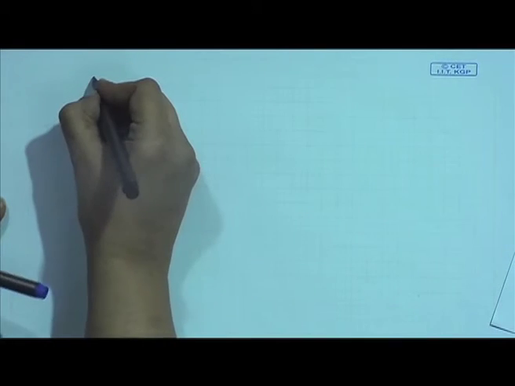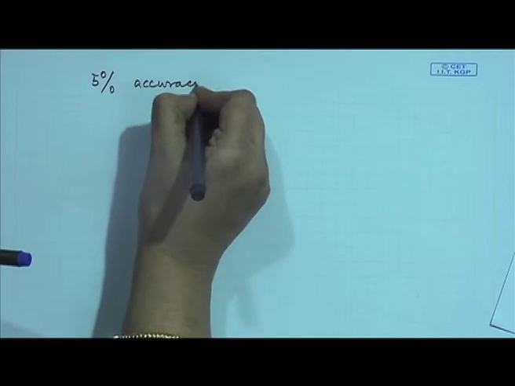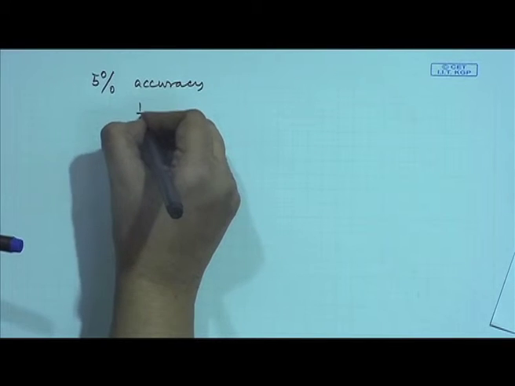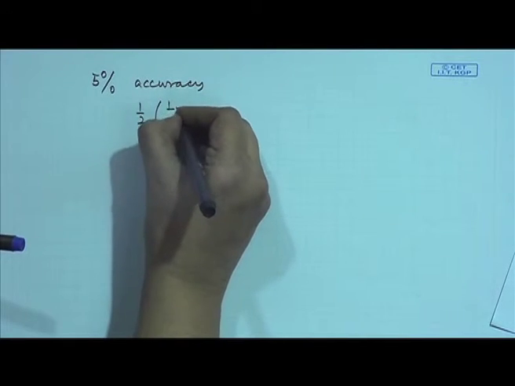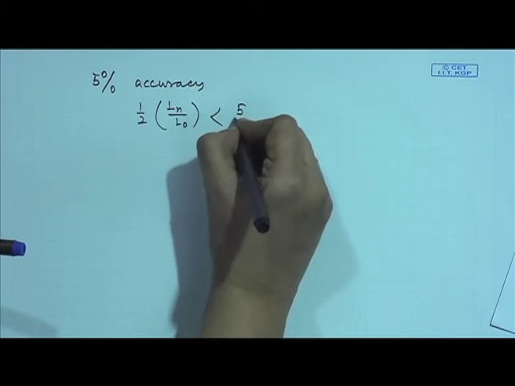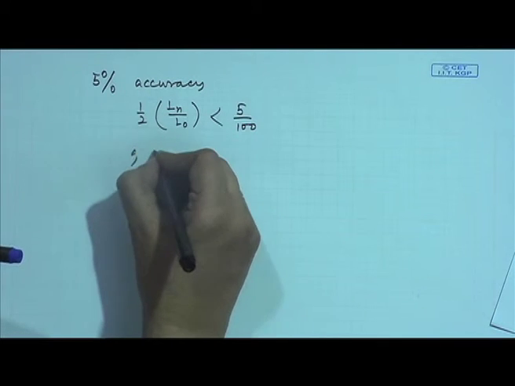The process is simple, as I told you. For example, I want 5% accuracy. I can have 7%, I can have anything. For 5% accuracy, half of the final divided by initial must be less than 5 by 100. What would be the value for this?